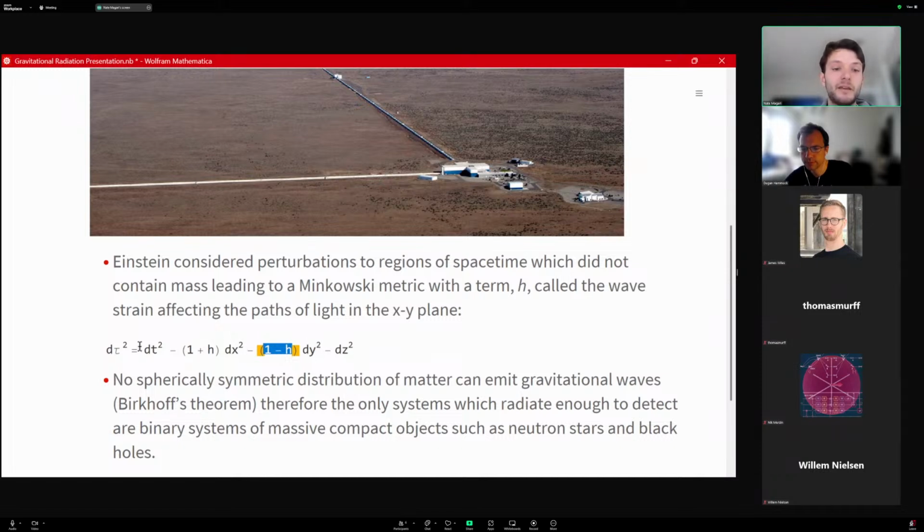And so when we're considering what kinds of systems can actually produce a metric like this, it turns out that a spherically symmetric distribution of matter can never emit gravitational waves. This is a result called Birkhoff's theorem.